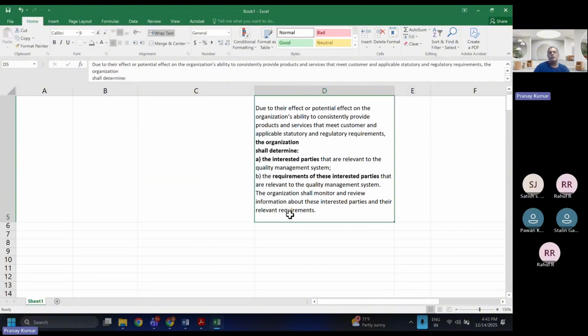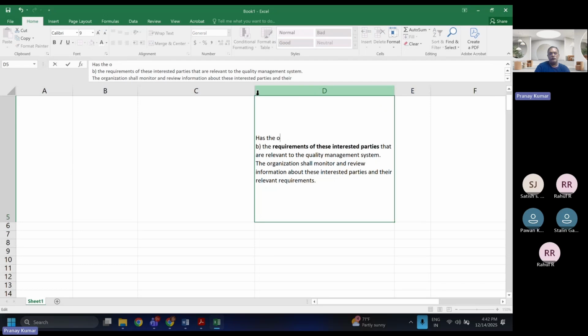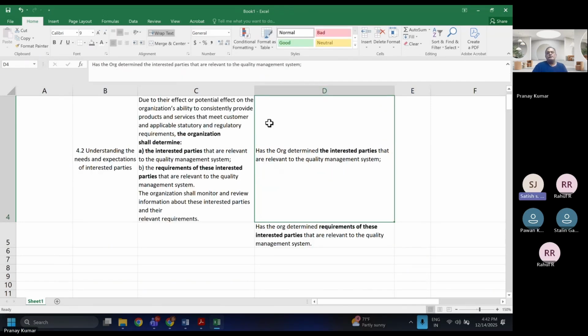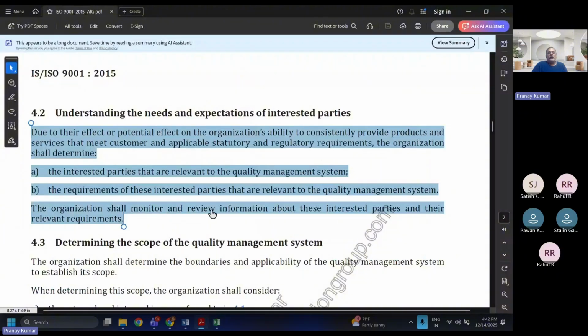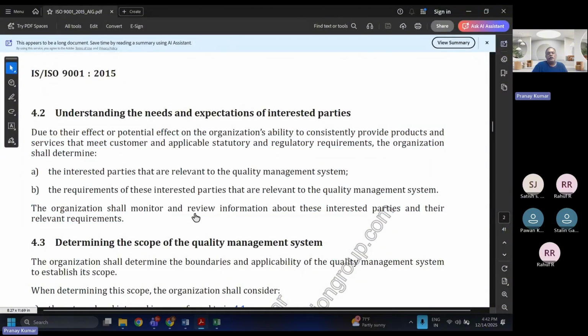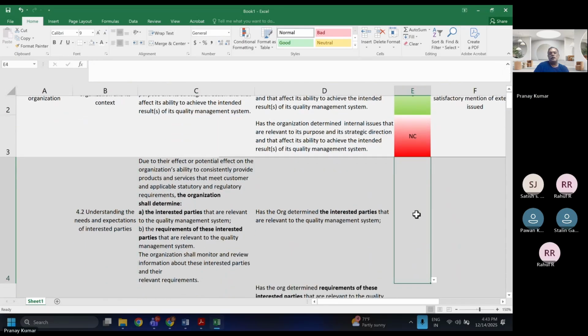Question number 2. Has the organization determined? You can also add the last point. The organization shall monitor and review. So has the organization monitored and reviewed information, etc. So my checklist for 2 points are ready.